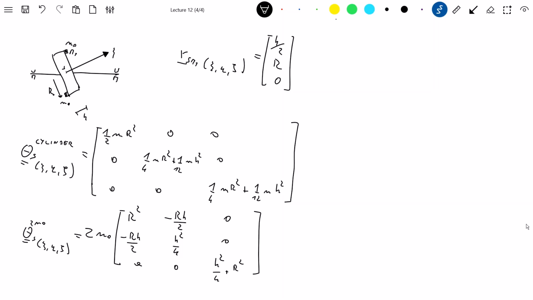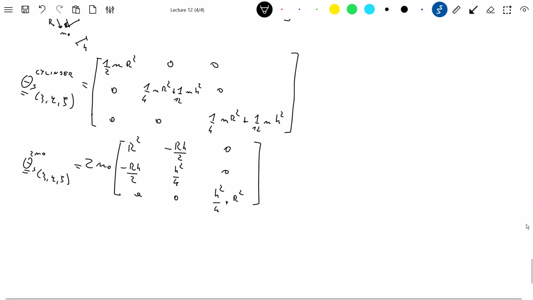You can obtain this from the position vector by applying the parallel axis theorem. If this is not obvious to you, check it from what was explained I think 2 weeks ago. And if you have questions, feel free to ask, of course.